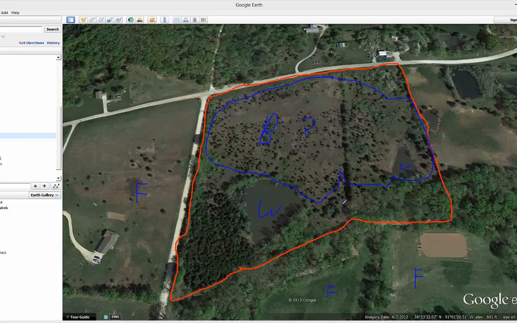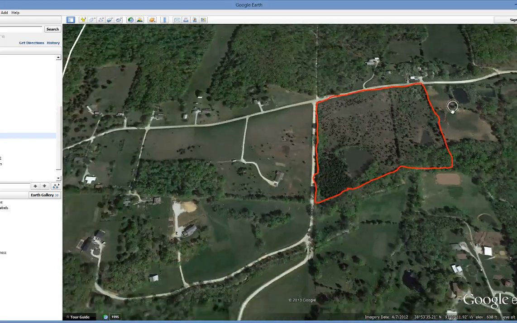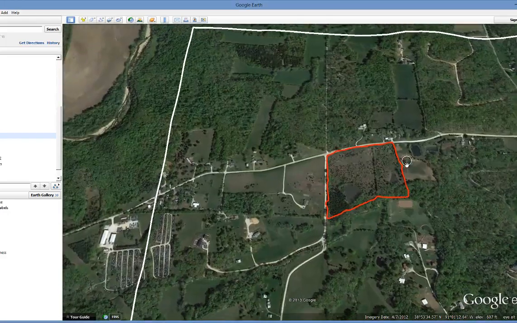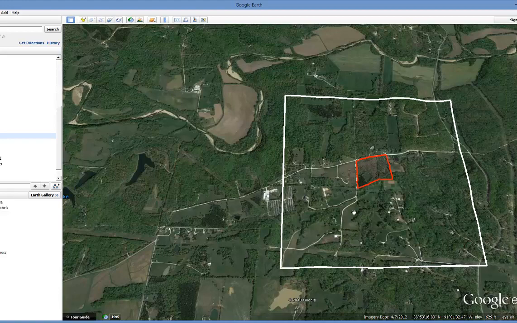Now, you may have some mixed baggage of the property, and I'm going to scroll out again. There could be some overlap of the deer's home range here, but what you've got is a small area of a normal whitetail deer's home range.